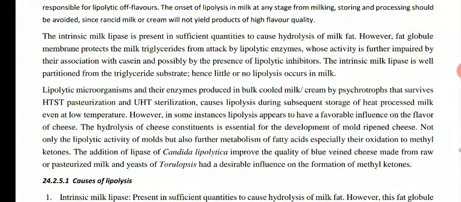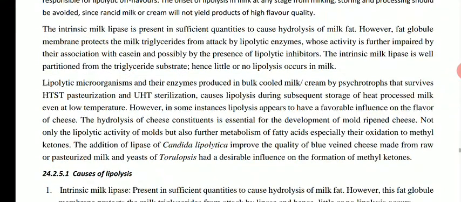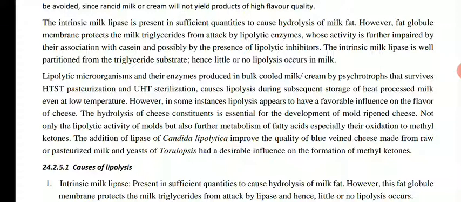Its activity is further impaired by association with casein, and possibly by the presence of lipolytic inhibitors.